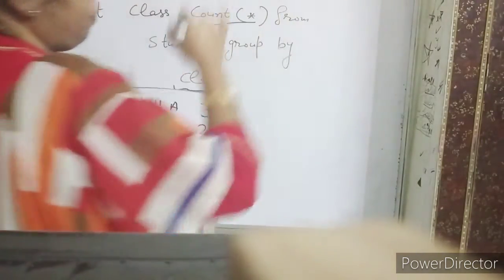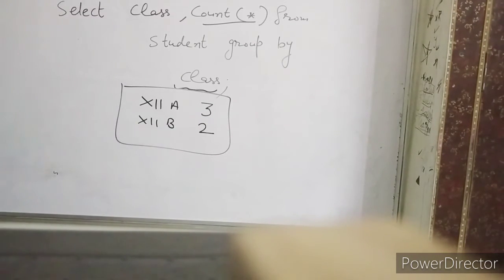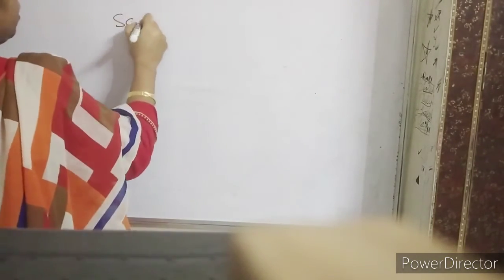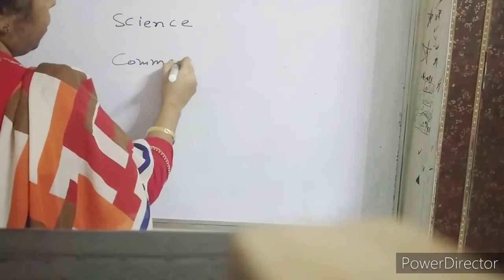Here I am doing the grouping on the basis of stream. Now go to the stream column and find out how many streams we have. We have only 2 streams in my stream column. One is science and another is commerce. It means what output you will get? We get one group science and another group commerce.